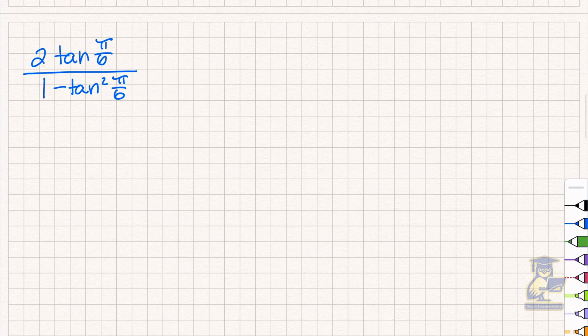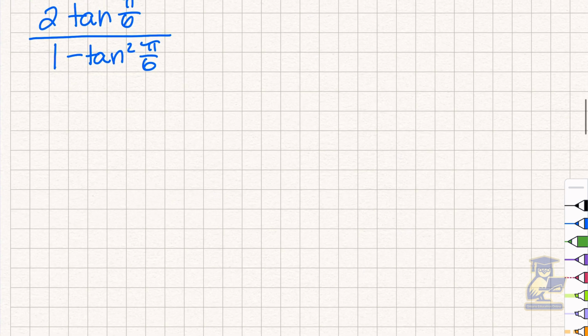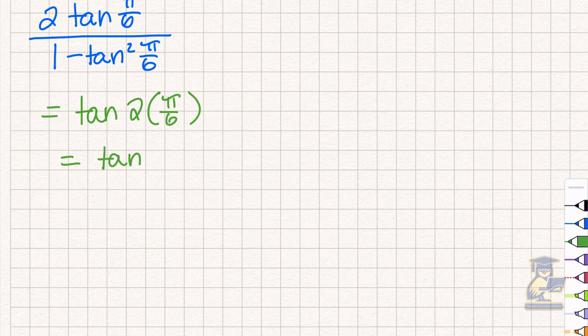And finally, let's look at one that involves tangent. So we have 2 tan pi over 6 over 1 minus tan squared pi over 6. So we're going to have tan of 2 pi over 6, which is equal to tan of pi over 3.